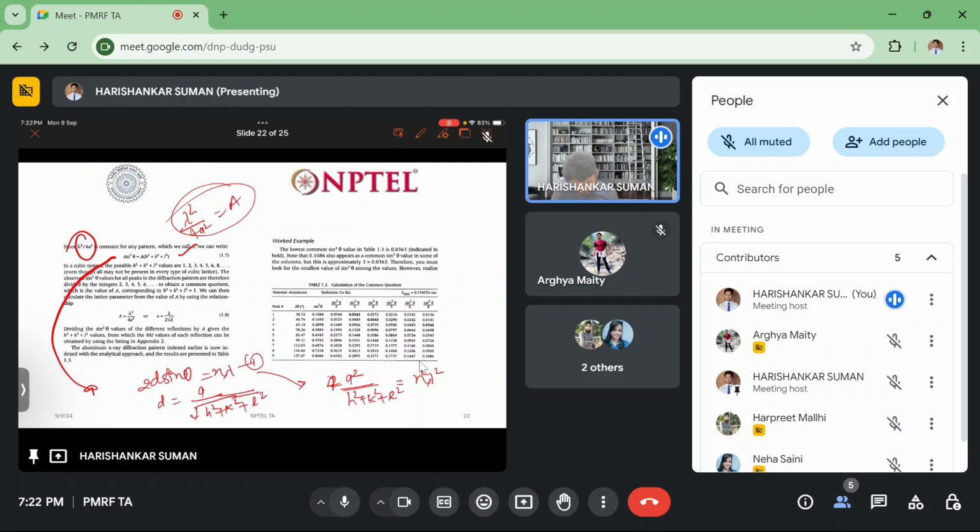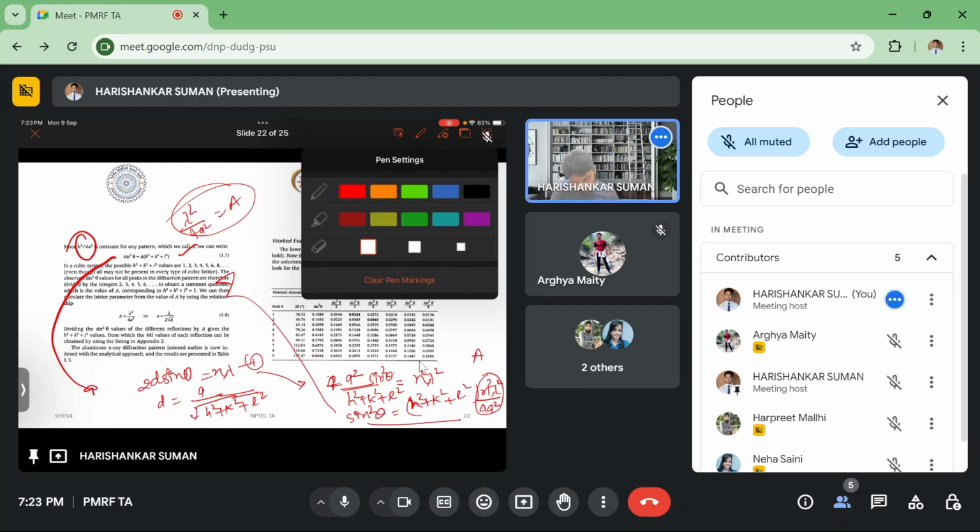So sin square theta equals h square plus k square plus l square times n square lambda square divided by 4a square. So assume this is a constant. Okay, like this we can calculate. How we can use it, let's see.